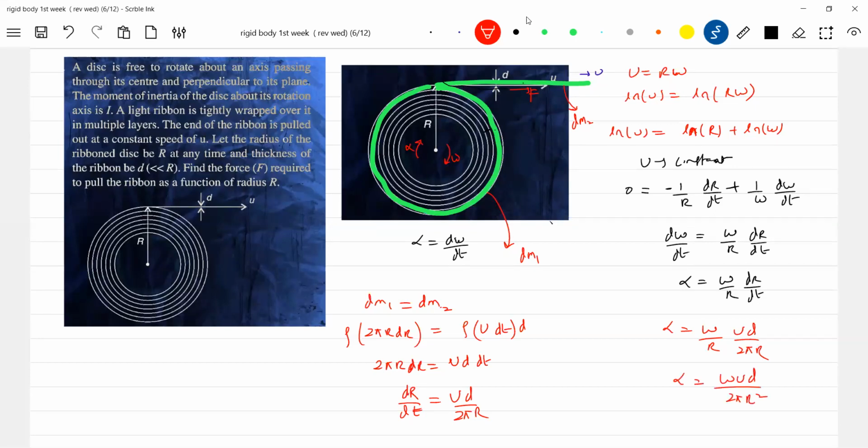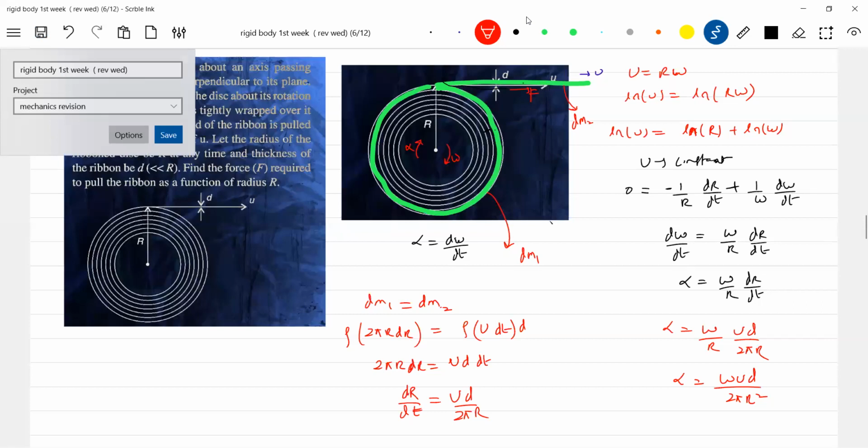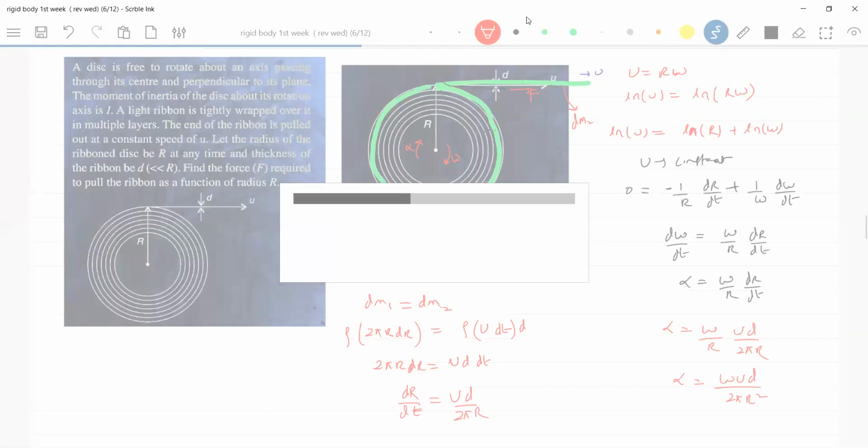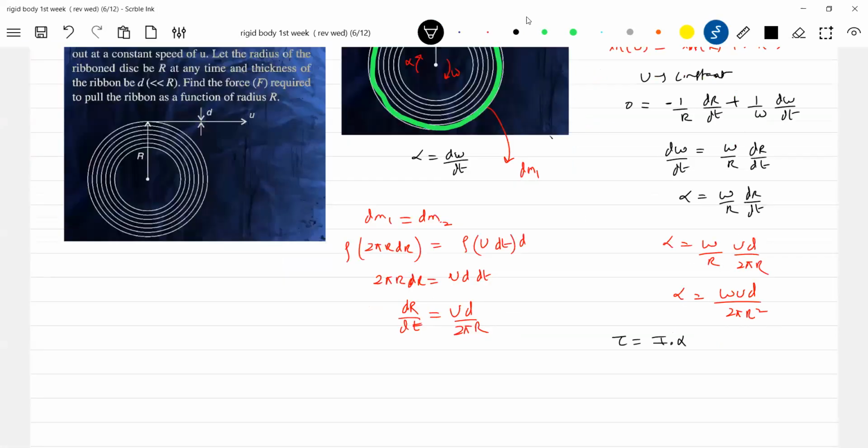I think I'm near. Then what is the torque? F into R. Torque equal to this F. Moment of inertia is what I, is what we assumed, no? Omega is what?